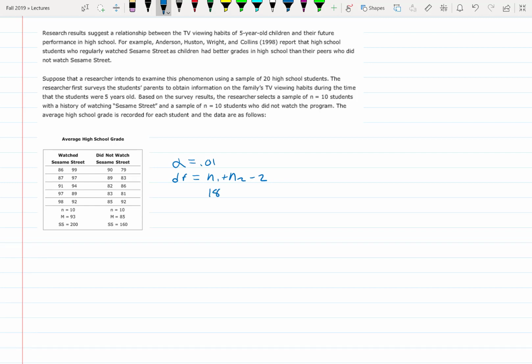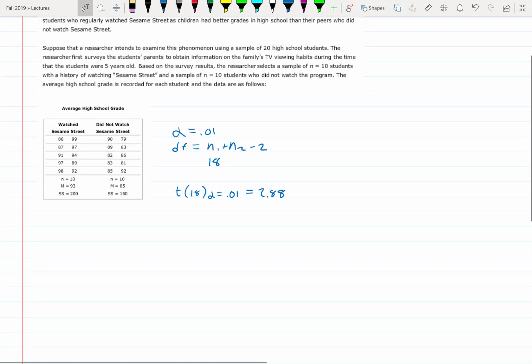So we go to our t-table, and we look up the critical value for t at alpha equals 0.01, and you will find that that value is 2.88. I'm going to round it just a bit. So now we're ready to get started.